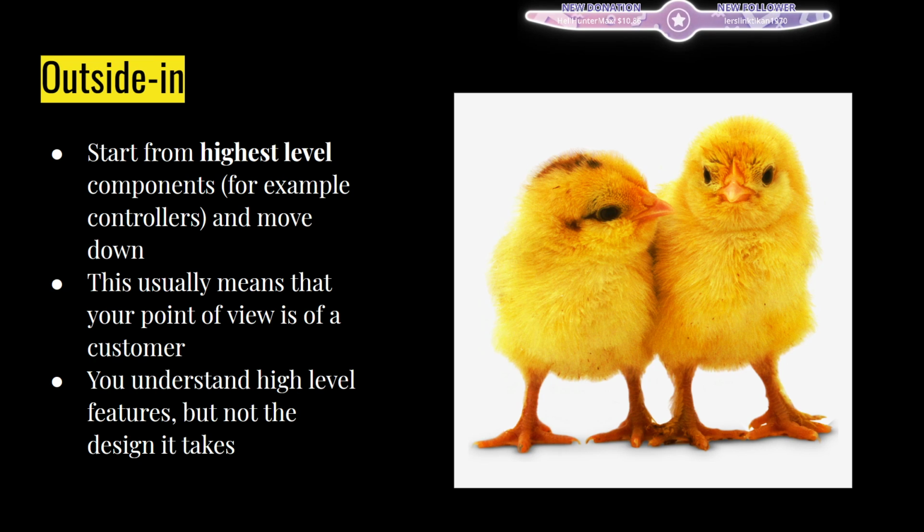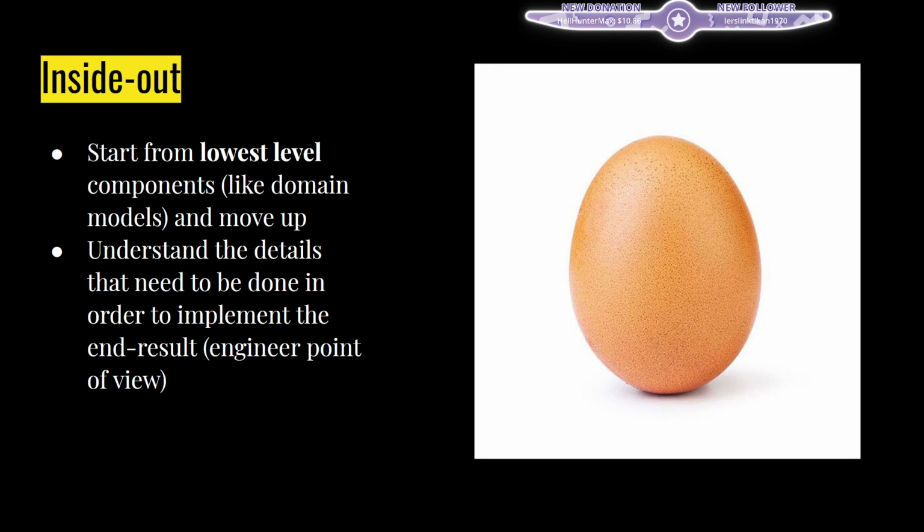Basically, the whole thing can be compared to the egg and chicken problem, which one came first. In outside-in design, the chicken came first. Inside-out design can be compared to the egg coming first, from which a chicken will come.